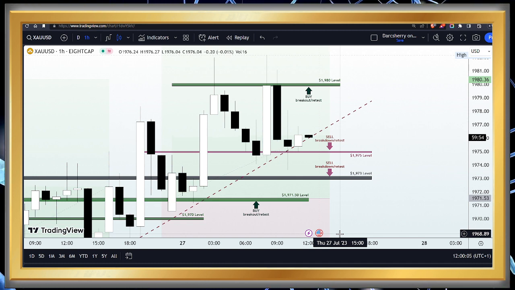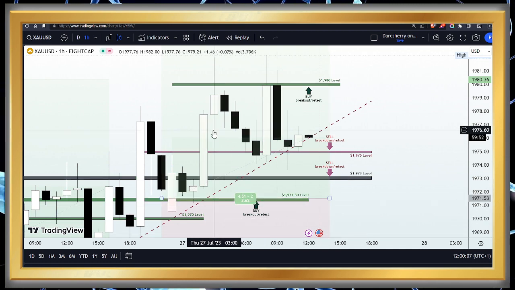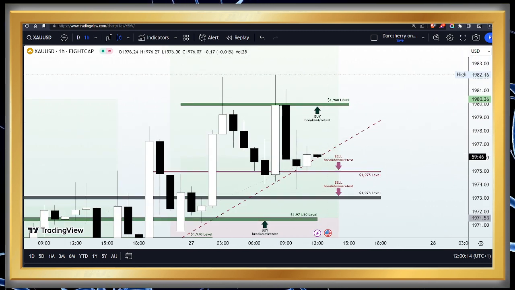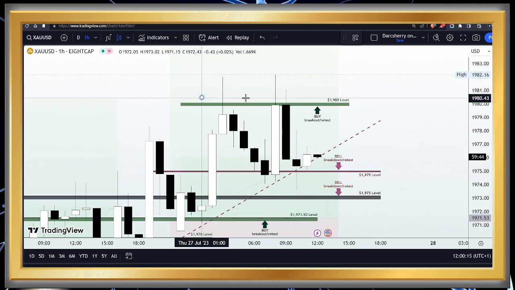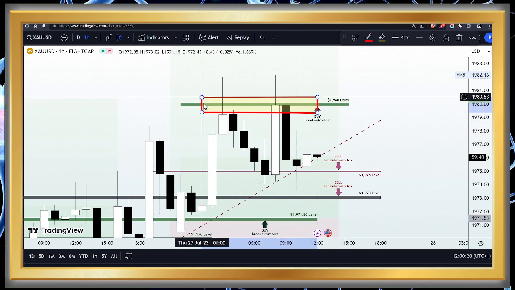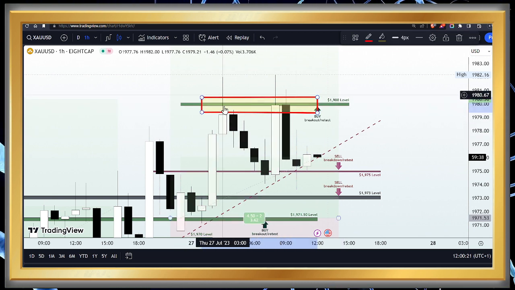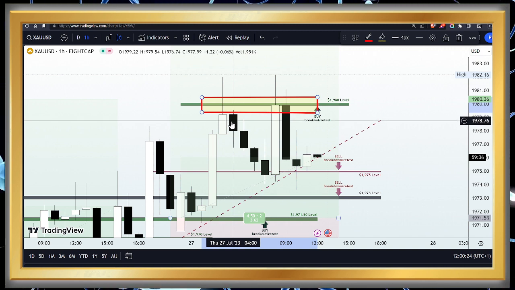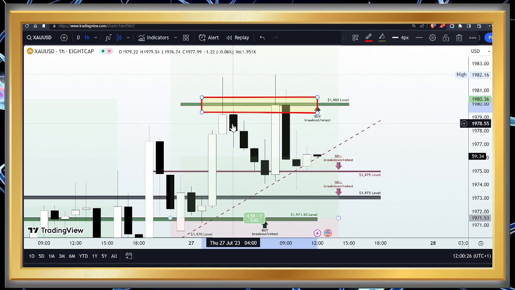But something interesting has been going on in this market in the last 9 to 10 hours now, as you will notice that as soon as price got into the 1980 zone, we began to see how buyers struggle around that area, giving us an insight into the presence of sellers at this juncture.